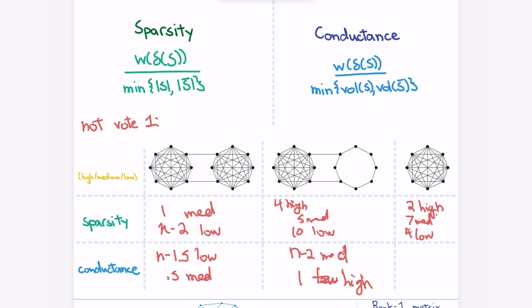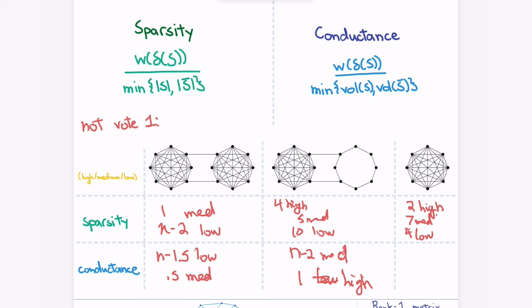Sparsity, for both of these, is the minimizing S ratio. High sparsity is what you think of as not very sparse, and low sparsity is what you think of as very sparse. Okay, and in this graph, who thinks it should have high conductance, and who thinks it'll be medium?